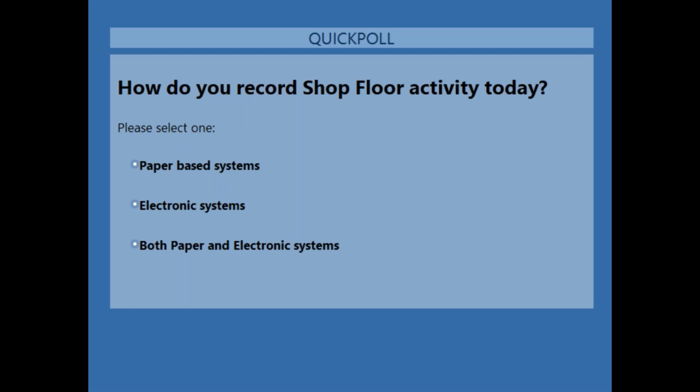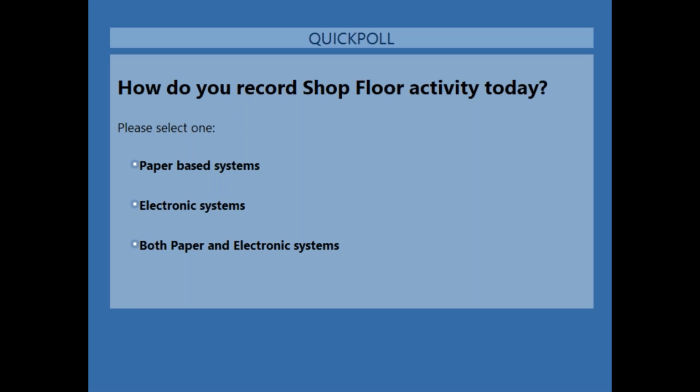I'll give that a couple more seconds for people to answer. And just to give you some feedback, I'm seeing that 50% of you are using a combination of paper and electronic systems. Some are 100% paper-based, and then others are using just electronic systems.